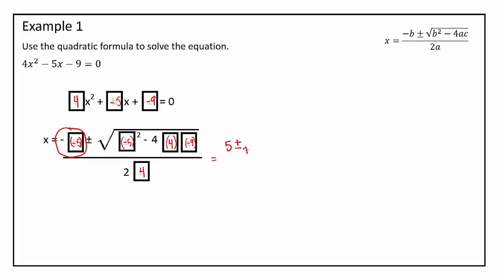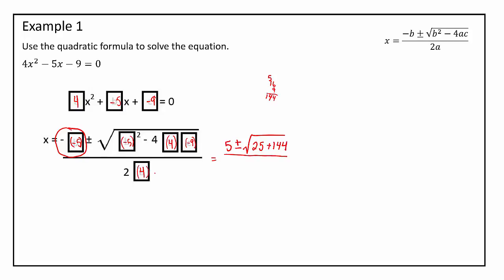Underneath our square root, we're going to do negative 5 squared, which is negative 5 times negative 5, which is positive 25. Then we're going to do negative 4 times negative 9. There are 2 negatives there, so that makes it a positive. We're going to do 4 times 4, which is 16, and then multiply it by 9, which may require you going off to the side and multiplying that out, which is totally fine.